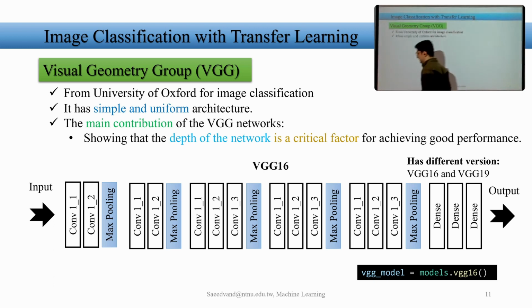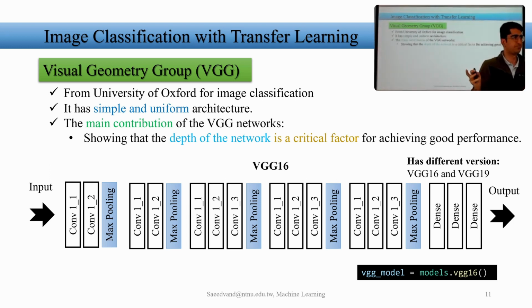It has a simple and very uniform structure, simple to understand. The main contribution of the VGG network can be listed as showing the concept that adding more depth to a network is useful.